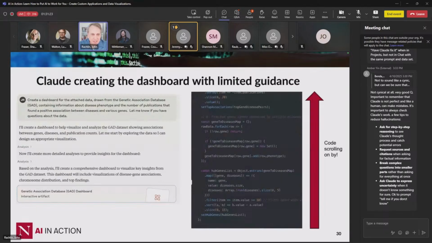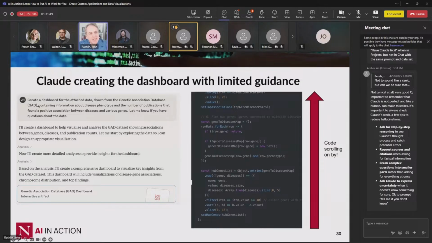That is the question. So in this case, what I did was I basically asked Claude to take this data and build me a dashboard. And in this case, I didn't really know what it was that I wanted out of the dashboard. So I was very open-ended. I just said, create a dashboard for the attached data drawn from the Genetic Association Database, GAD.